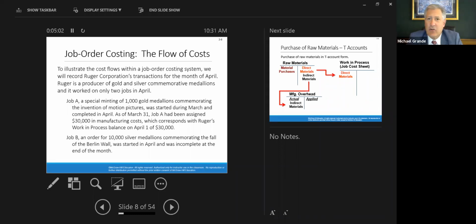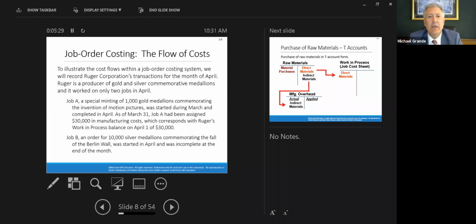So to illustrate the cost flows within a job order costing system, we will record Rugger Corporation's transactions for the month of April. Rugger is a producer of gold and silver commemorative medallions, and it worked on only 2 jobs in April.